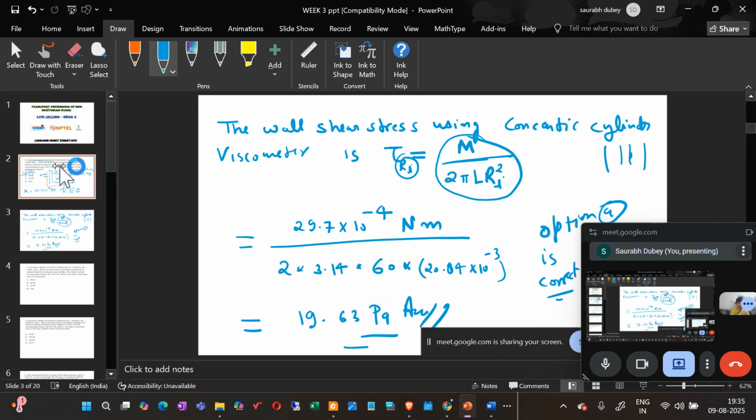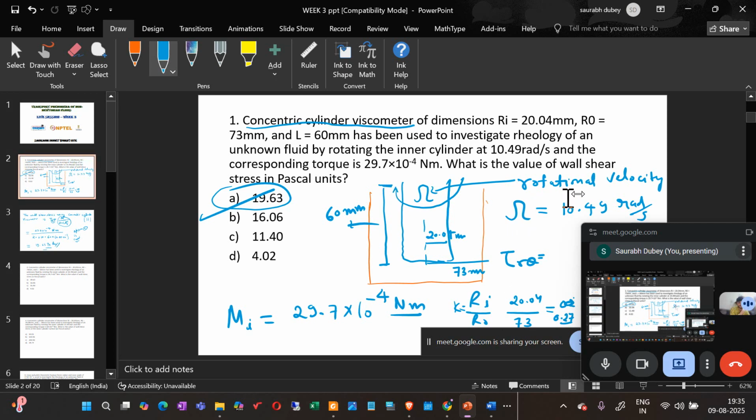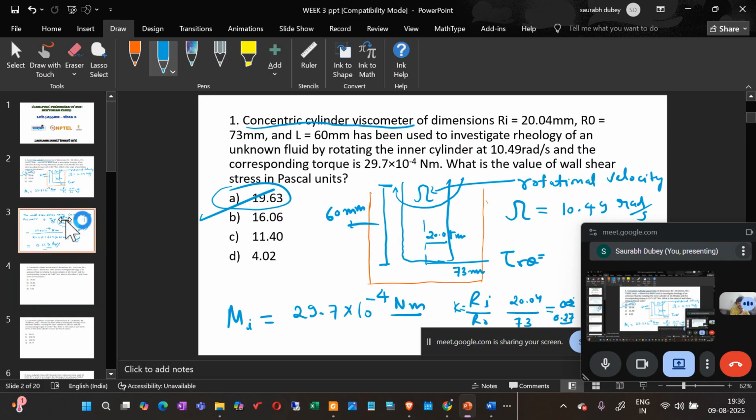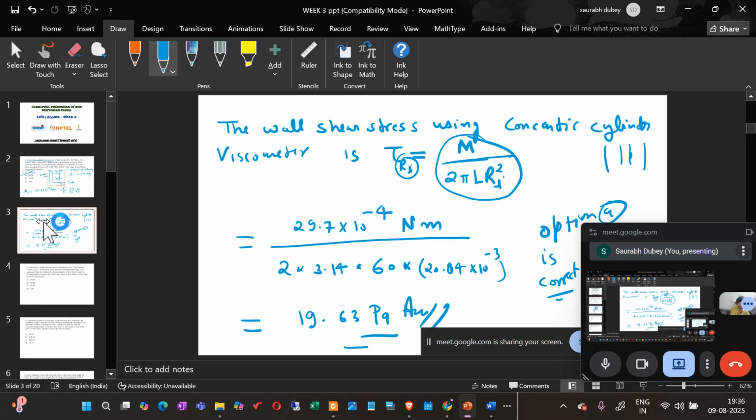So you got to know that the value of the wall shear stress is in Pascal unit, which is 19.63, acting at the wall. So now we will be solving a similar question, but somewhat different.